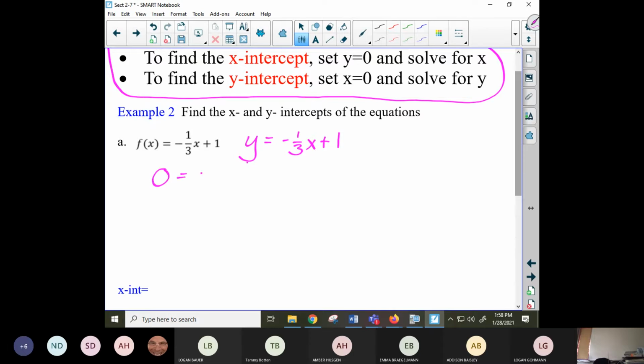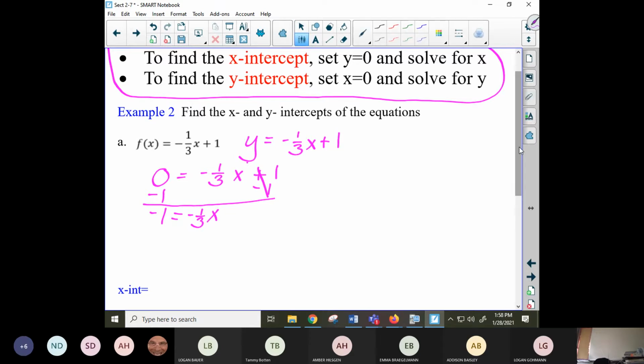Now I can bring the 1 over just like normal algebra, and I get -1 equals -1/3 x.